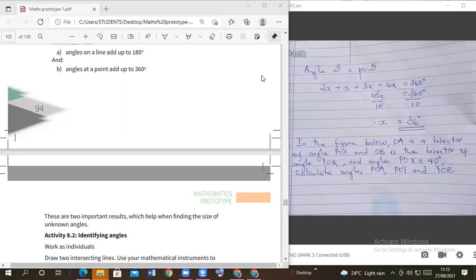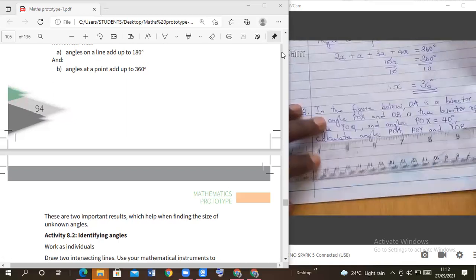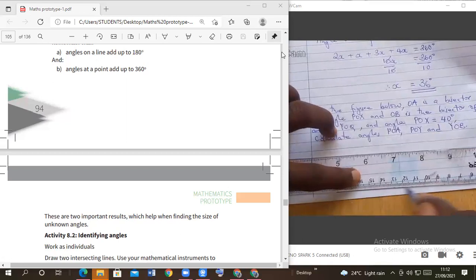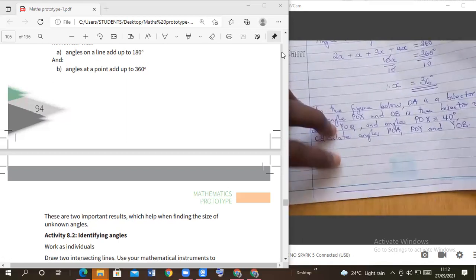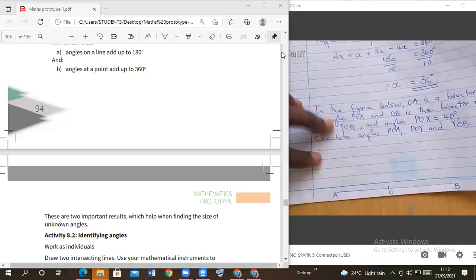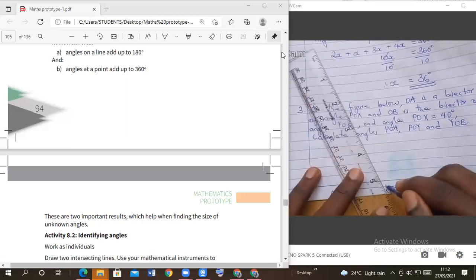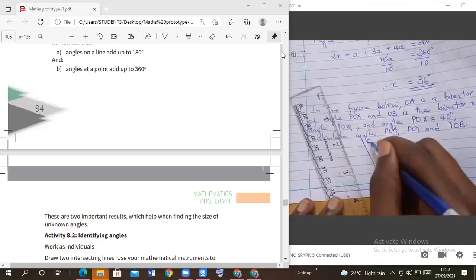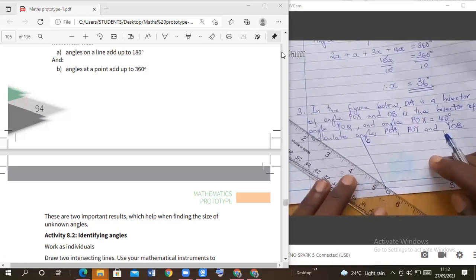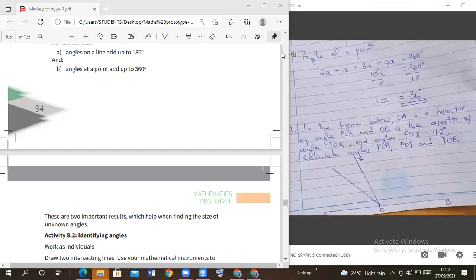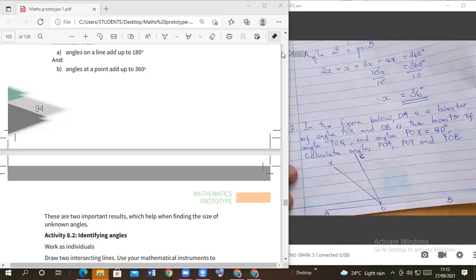The figure is here, members. This is A. This is O. This is B. So we have this one here. So this is C. Then we have this one there. This is X.